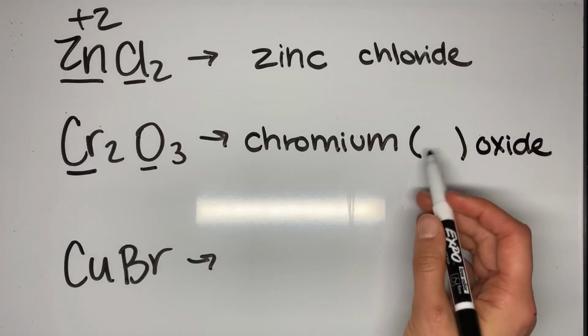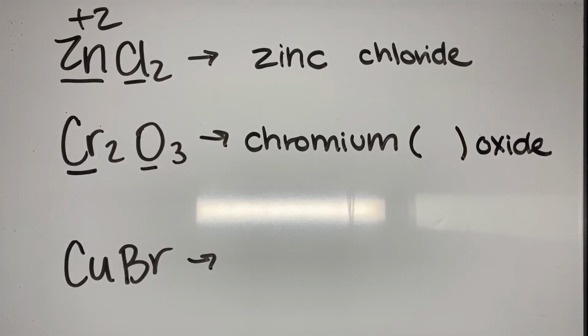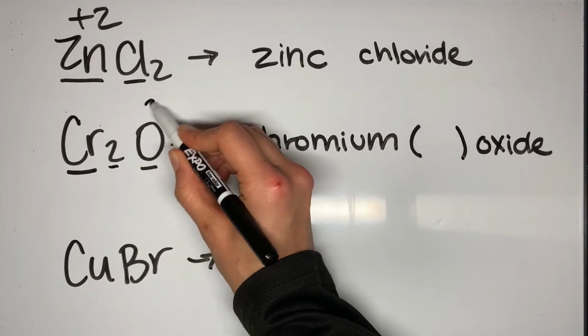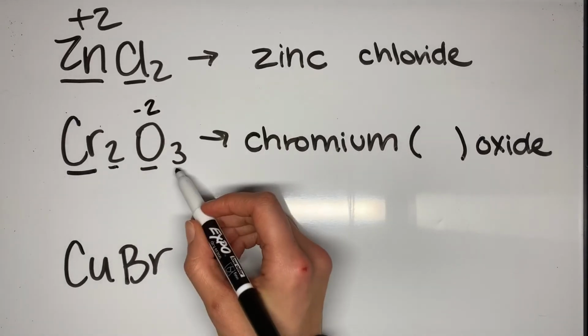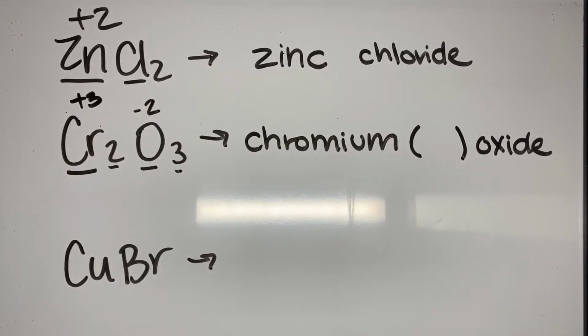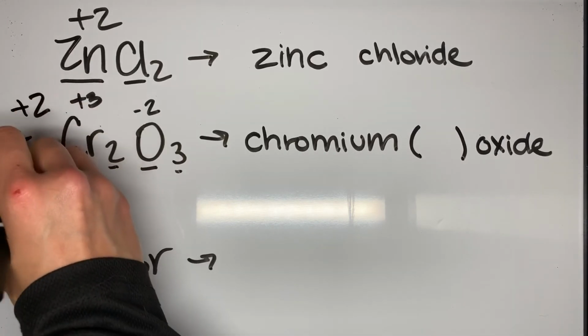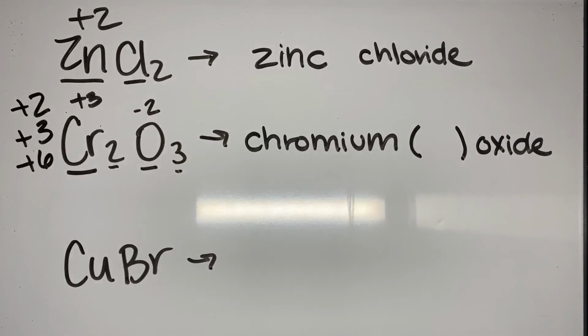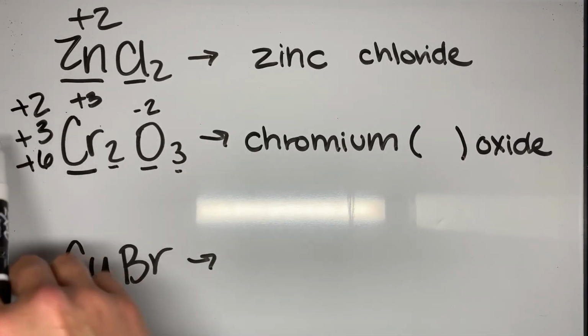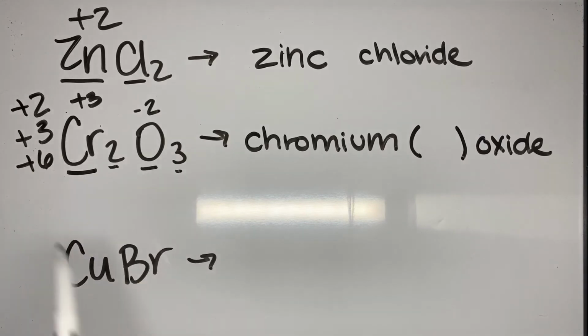Now to figure out what goes in these parentheses, if we reverse crisscross, this 2 would come up above the oxygen. This 3 would come up above the chromium, giving us a +3 charge. Or you can look on the periodic table. Chromium can either be a +2, a +3, or a +6. You can go through, plug each one in, and determine which one of these would get you this formula.